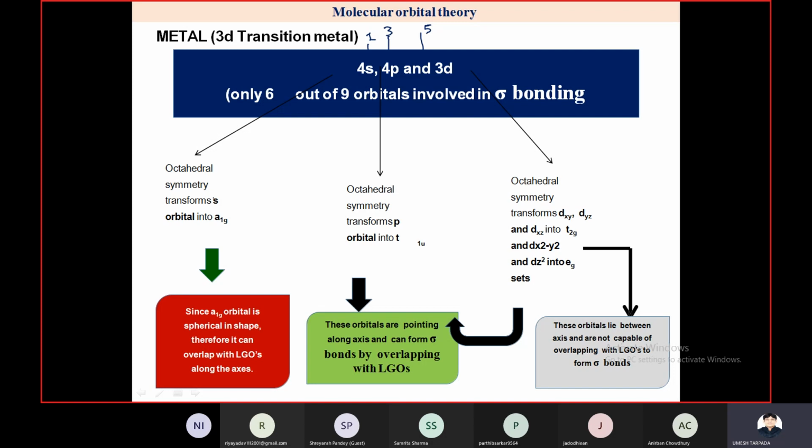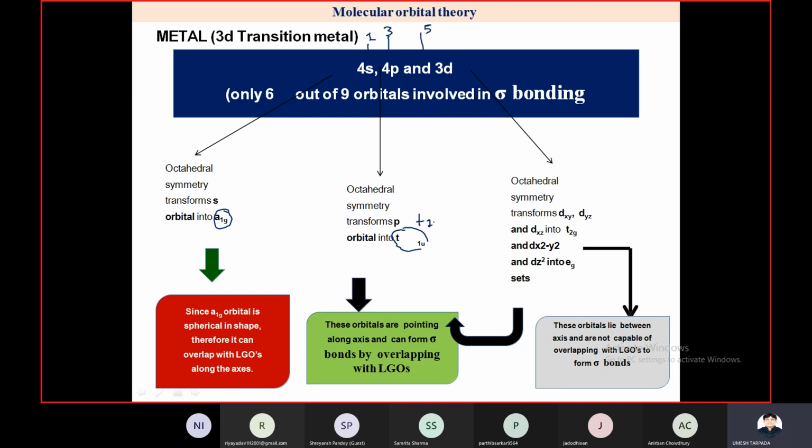The 4s orbital is responsible for forming a sigma bond. The symmetry of the s orbital is transformed into A1G in an octahedral complex. The symmetry of the p orbital is transformed into T1U.